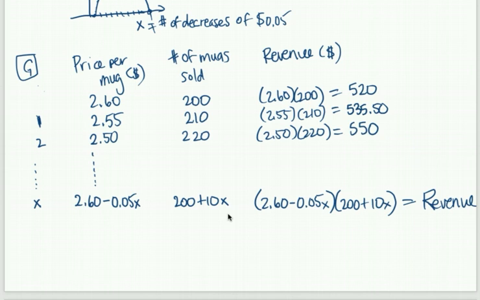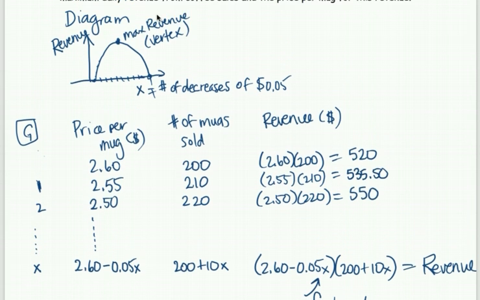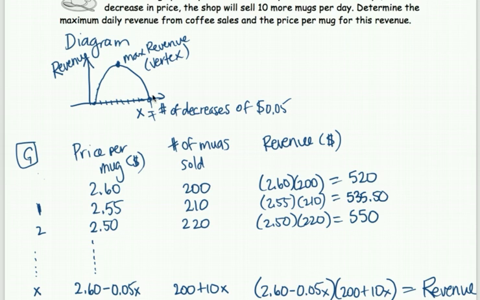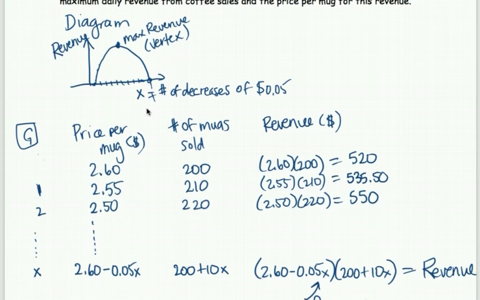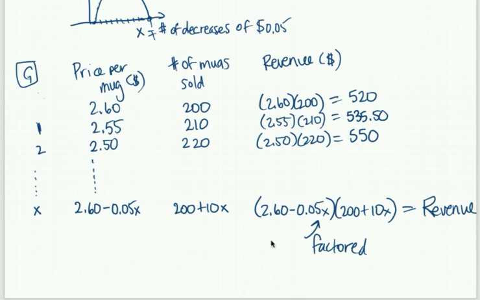What you've developed here looks like a quadratic function in factored form. But what do we need to find in the end? We need to find the max revenue, so we need to find the vertex, the maximum. So we need to get from factored form to vertex form.